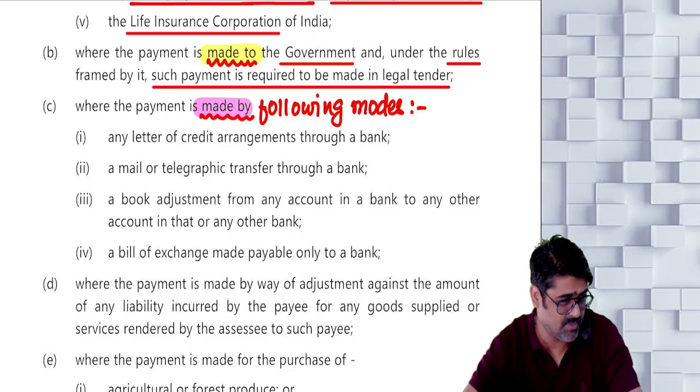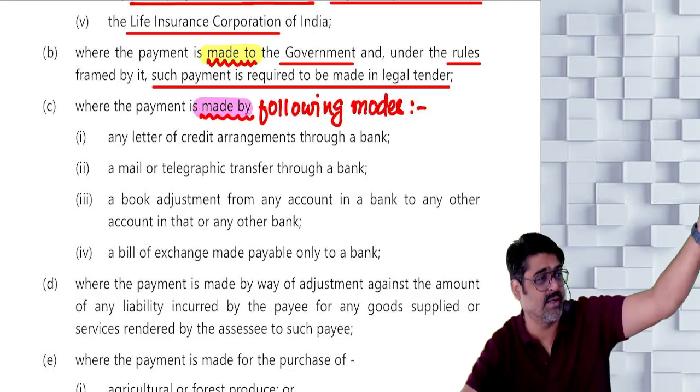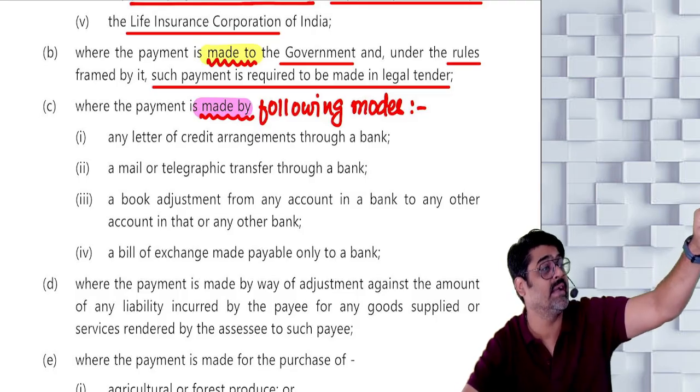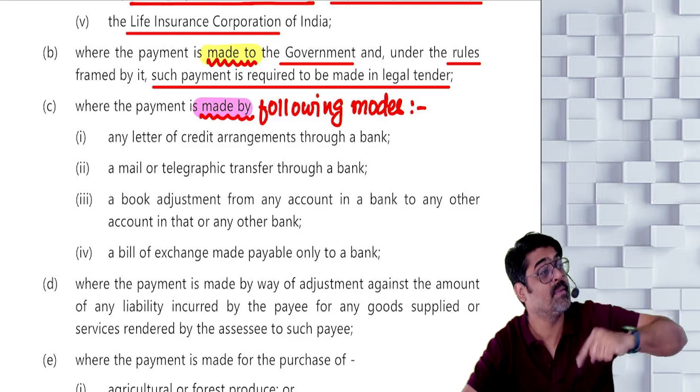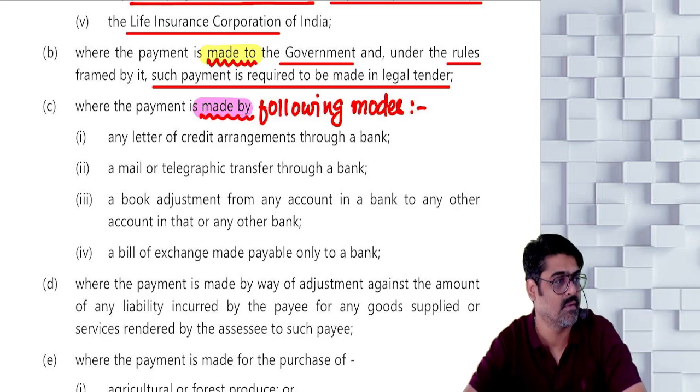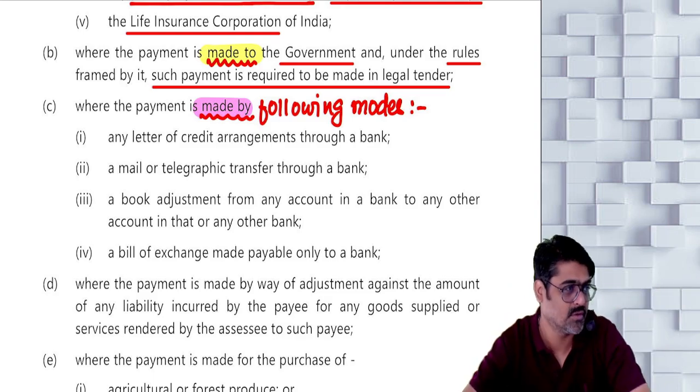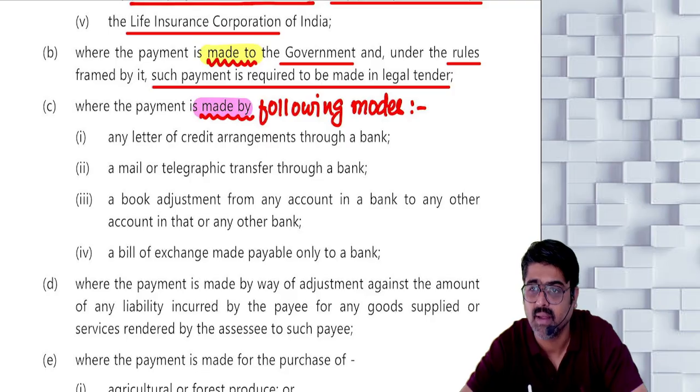Whenever such payments are made, that party sitting outside India wants the guarantee that the payment will surely be made. Only then he sends the goods to India. For example, for your business, you want to buy raw material, and that raw material you are buying from China.